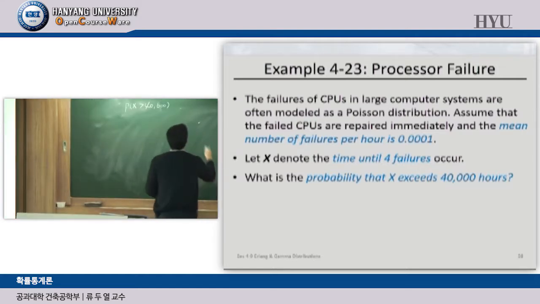And what is the mean? The mean, E(X), is equal to lambda, and that is equal to 0.0001 failures per hour.